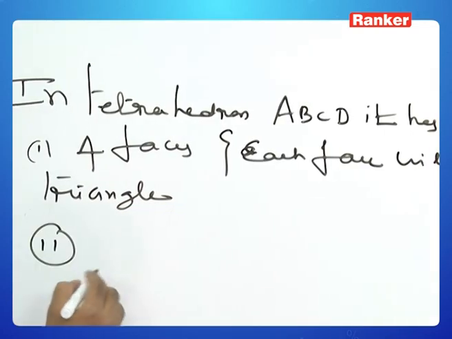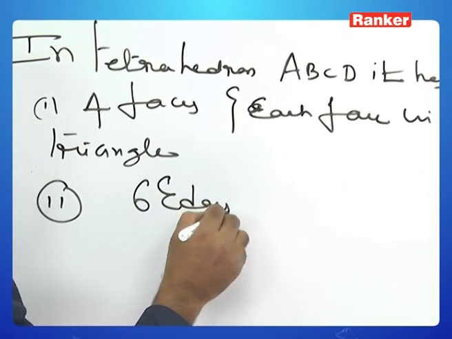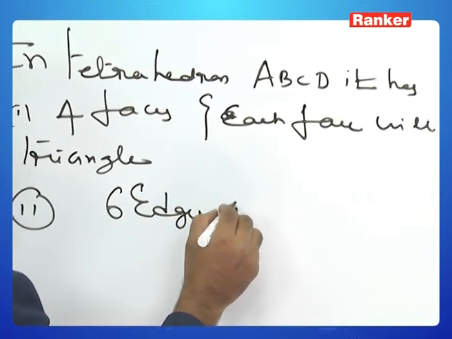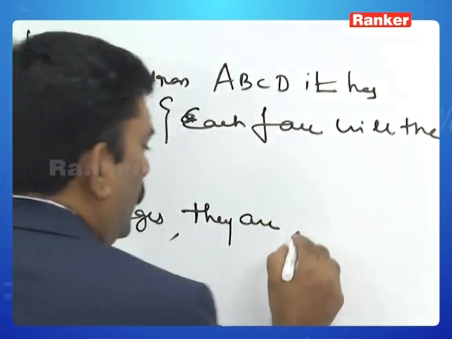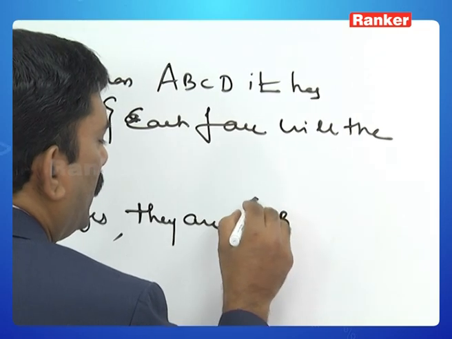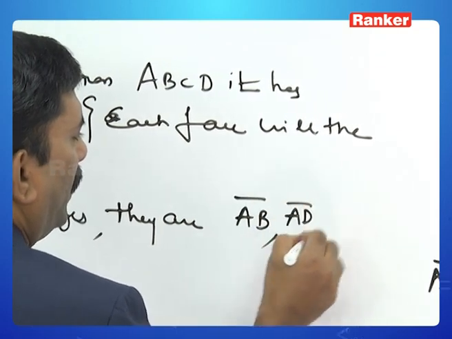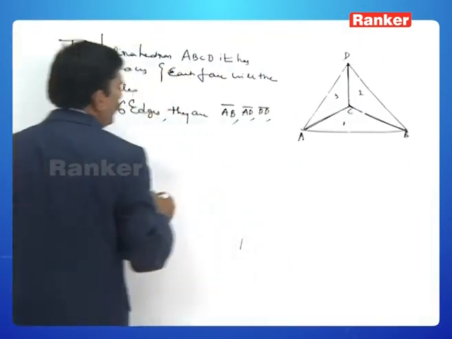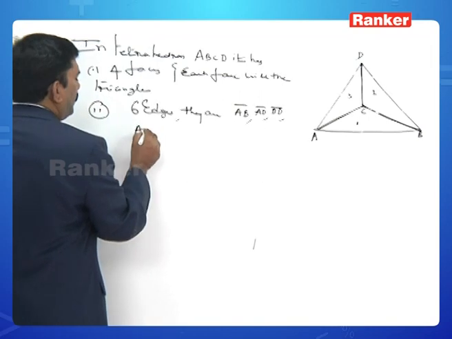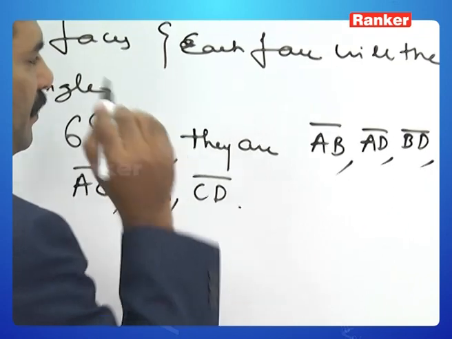And the second one, it has 6 edges, that is, or else they are AB bar, next AD bar, next BD bar, next AC bar, next BC bar, CD bar.